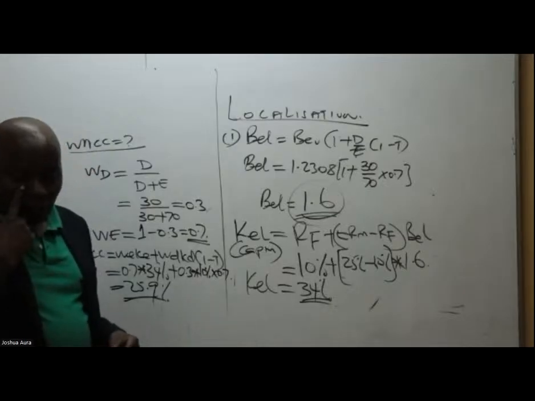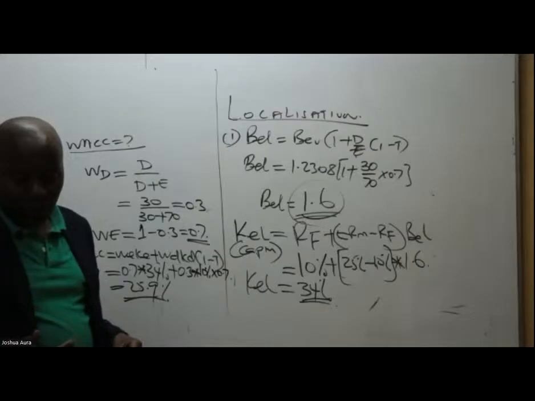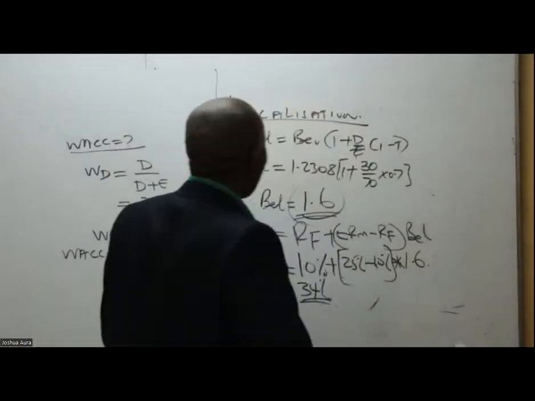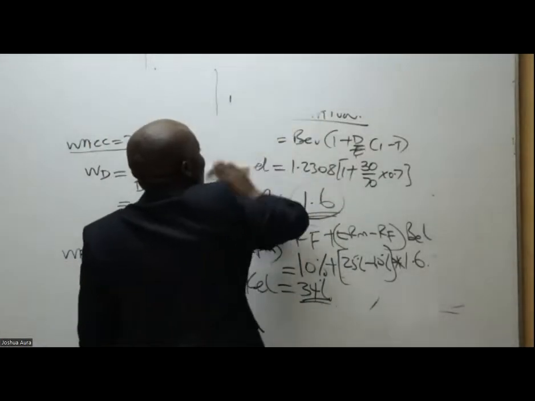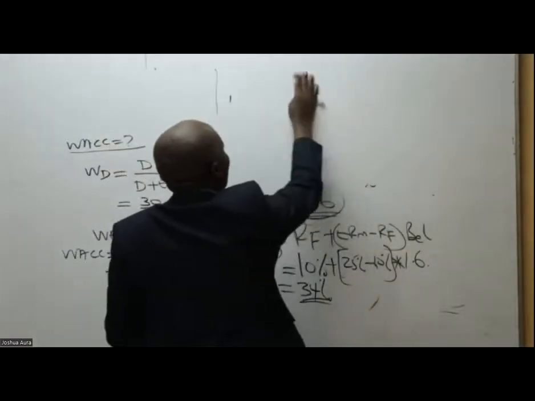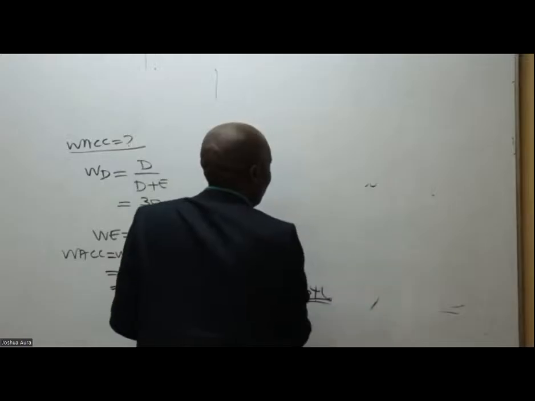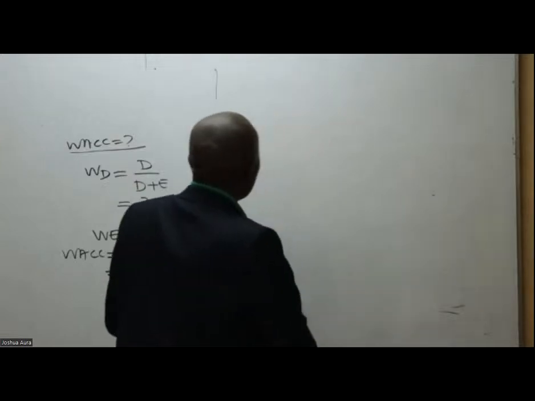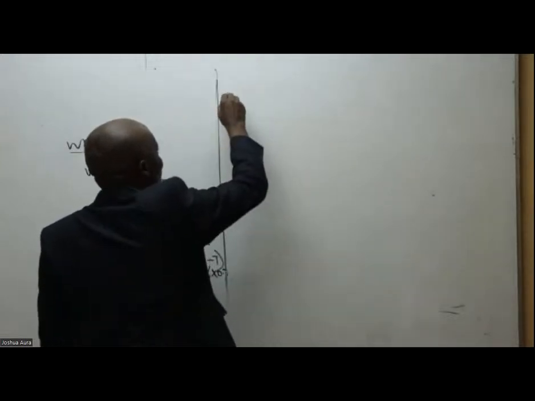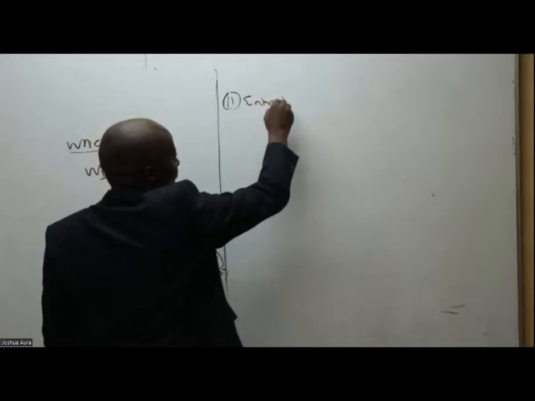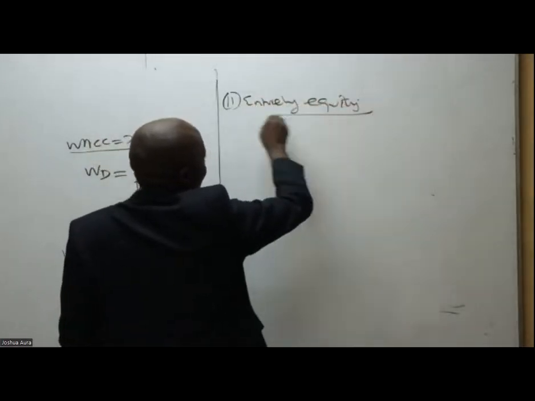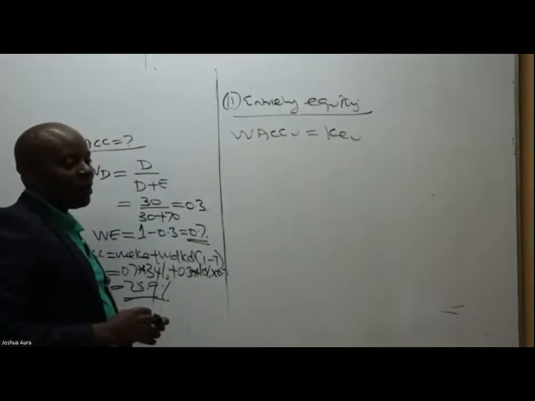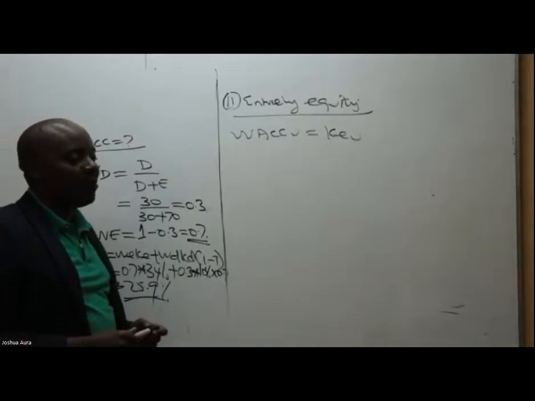From there, I'll go to the second bit, which is very easy. The firm is entirely equity financed. So the weighted average cost of capital of the unlevered firm equals Ke.